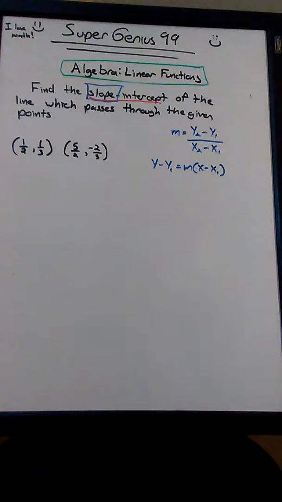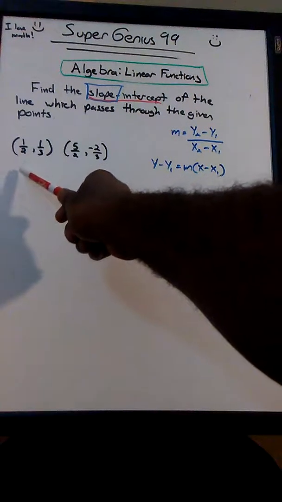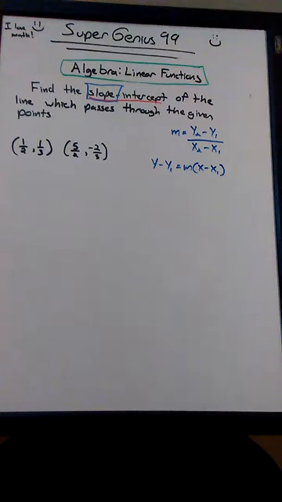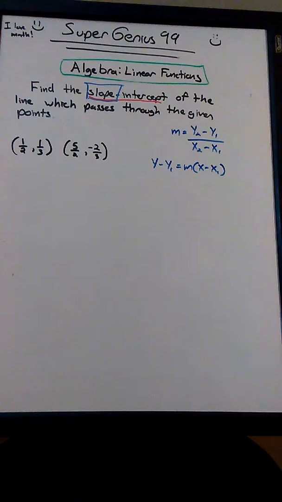All right, so now let's look at this one, if you can read it. Might need to blow up your screen. So we have 2 points. Over here we have 1/2, 1/3, and 5/2, negative 2/3. Okay? So once again, we don't have the slope, so we can figure out the slope using the slope formula, y2 minus y1 over x2 minus x1.